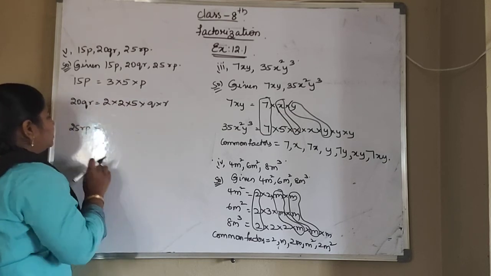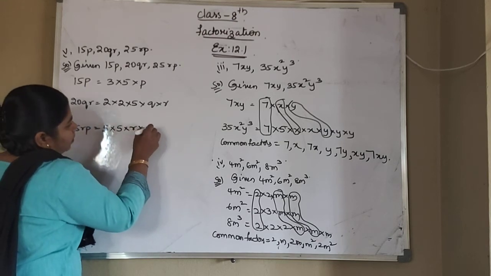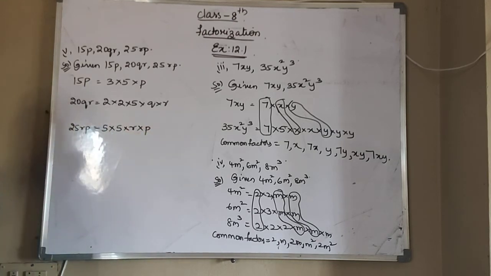All are prime numbers. 25 can be written as 5 into 5 into r into p. So these are the factors.